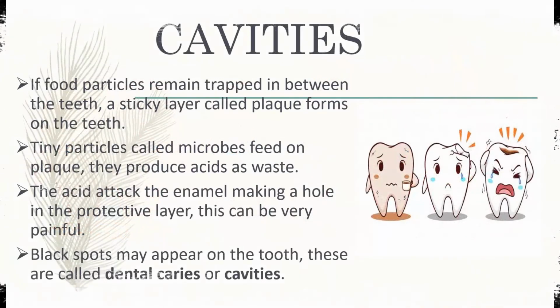Children, if food particles are stuck in between the teeth, a sticky layer called plaque forms on the teeth. Because of the formation of the plaque, tiny creatures like microbes which are not visible to us develop on our teeth and feed on this plaque.